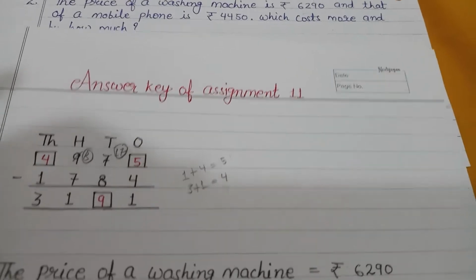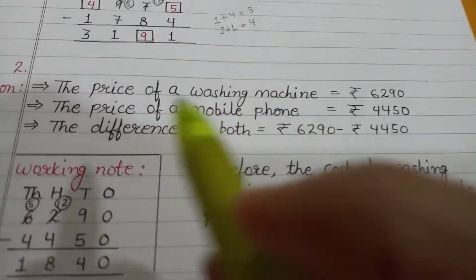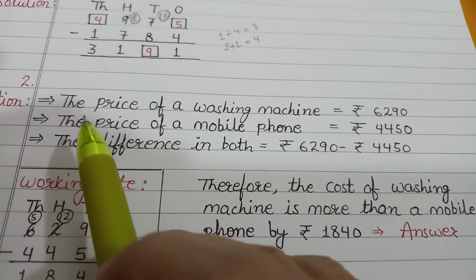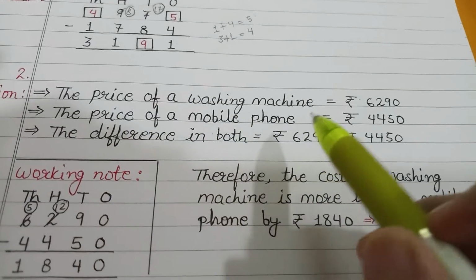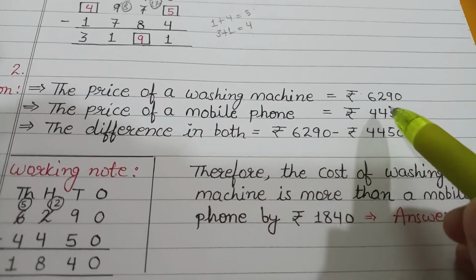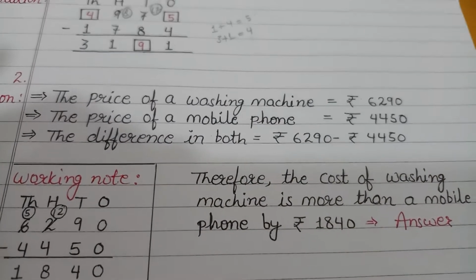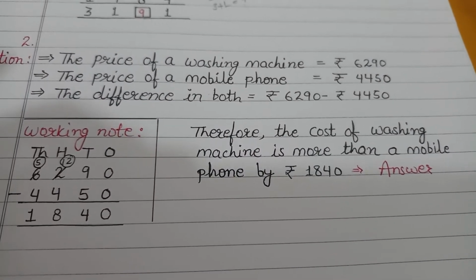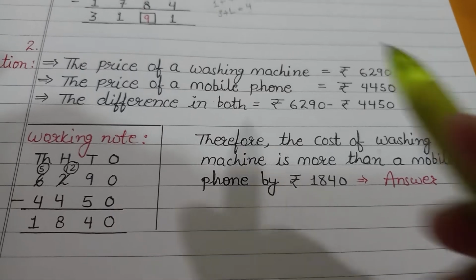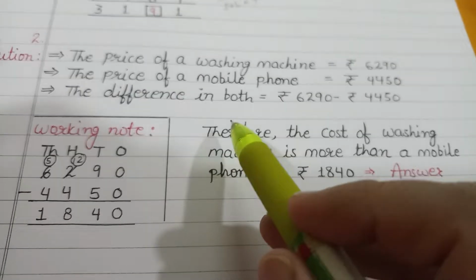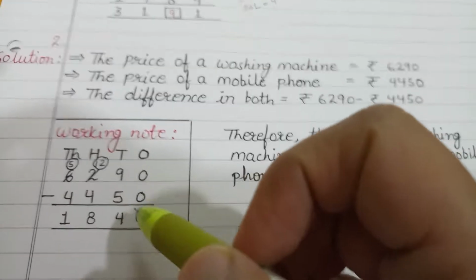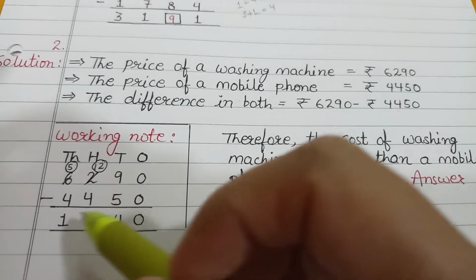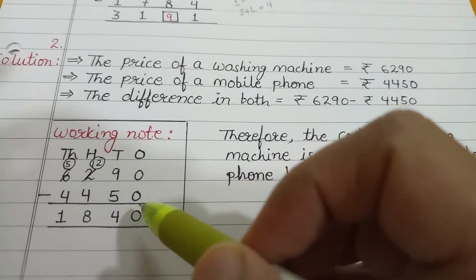For that, you have to write the statement. The price of a washing machine is rupees 6,290. The price of a mobile phone is rupees 4,450. Now, for the difference in both, we will subtract 6,290 minus 4,450.